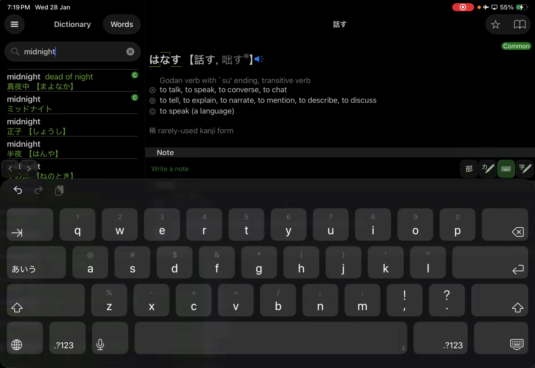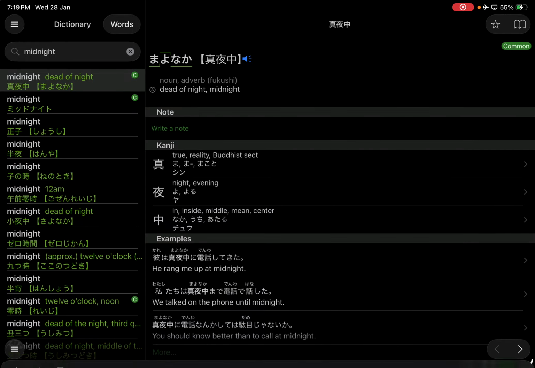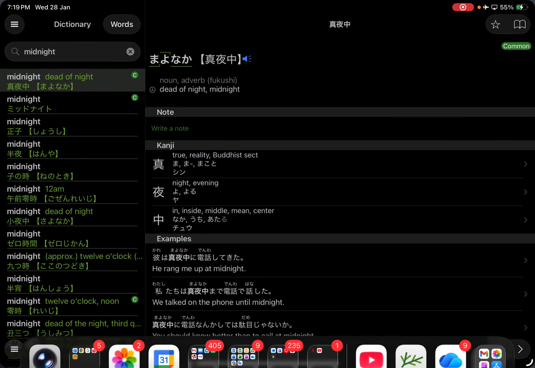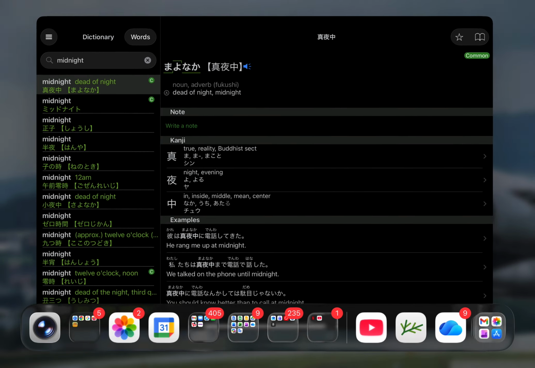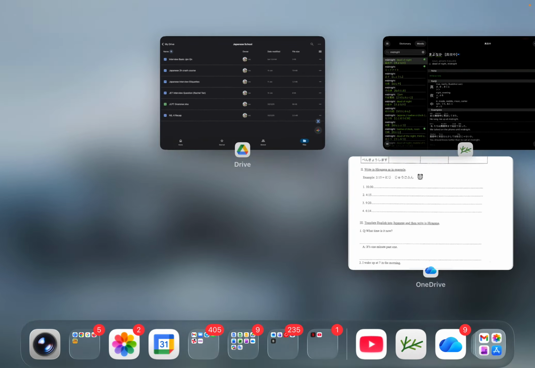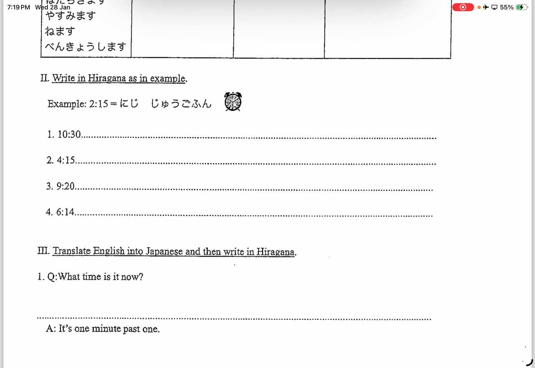Then midnight. I don't think Japanese people even say midnight. They just say late night, 深夜. Do you say midnight in Chinese? 半夜, right? So Japanese would say 半夜 also.